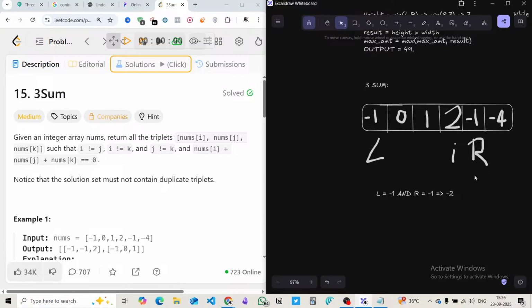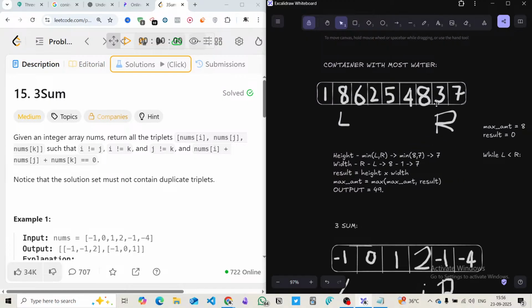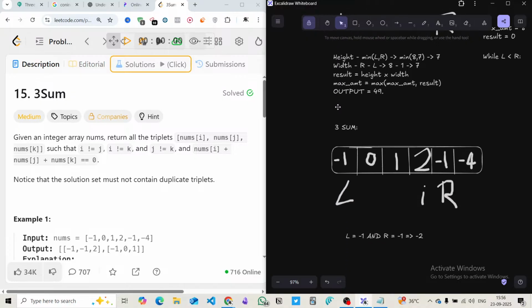So this -4 is not true. How did we move previously? It's based on height, right? If the height of this is less than this, and we need the maximum, then obviously we need to move the lowest one.